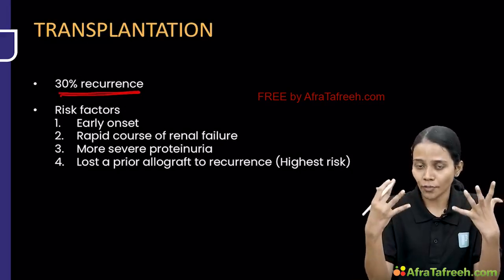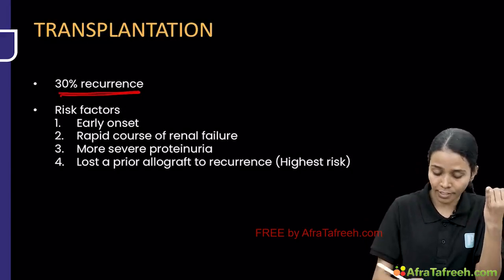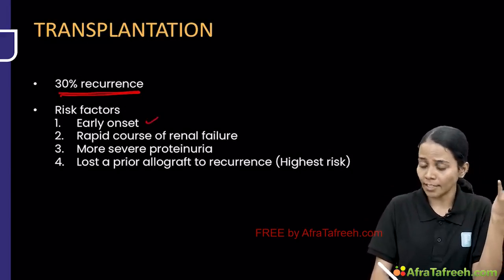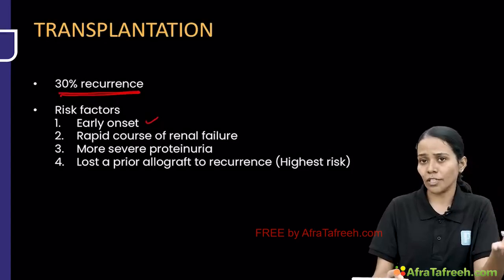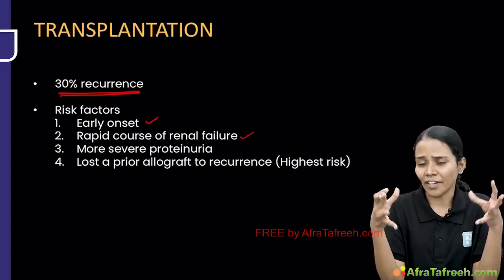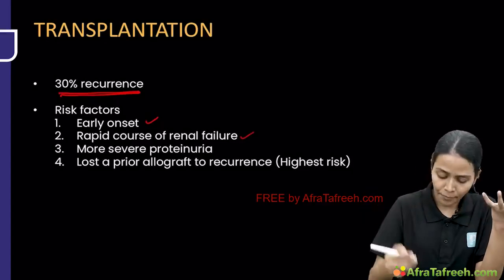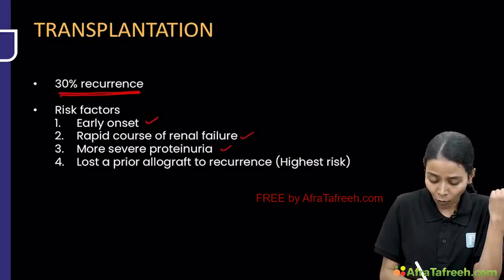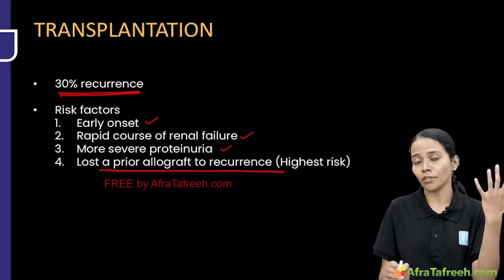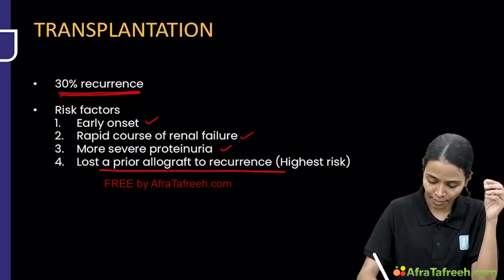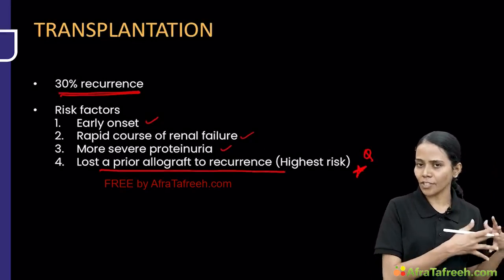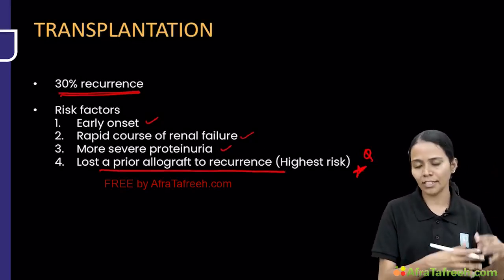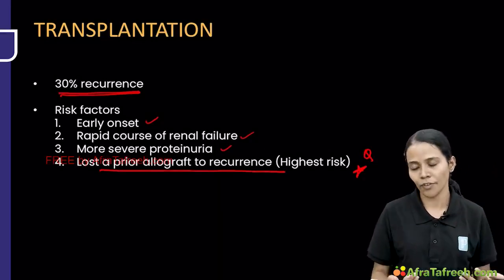The risk factor of recurrence is if they had early onset disease, that is earlier in childhood, and a rapid course of renal failure, that is in less than 5 years they are progressing to ESRD, and proteinuria was very severe to begin with, or they already have lost a prior allograft to recurrence. This has the highest risk. Okay, so already one kidney that is transplanted is gone because of FSGS.